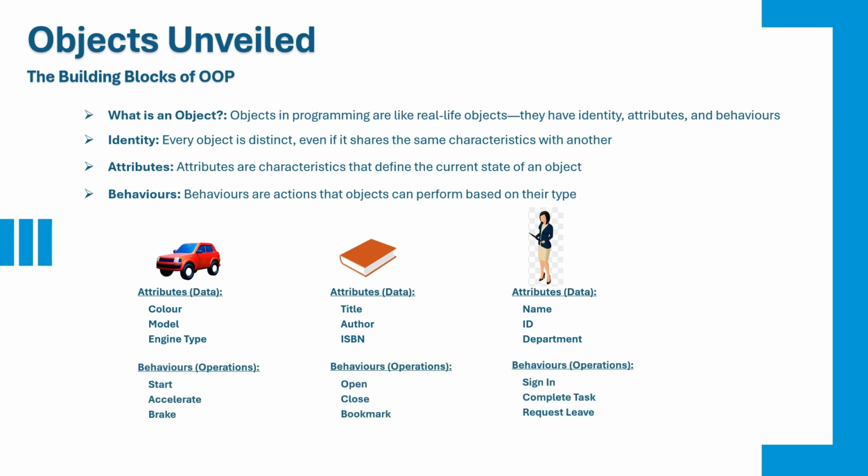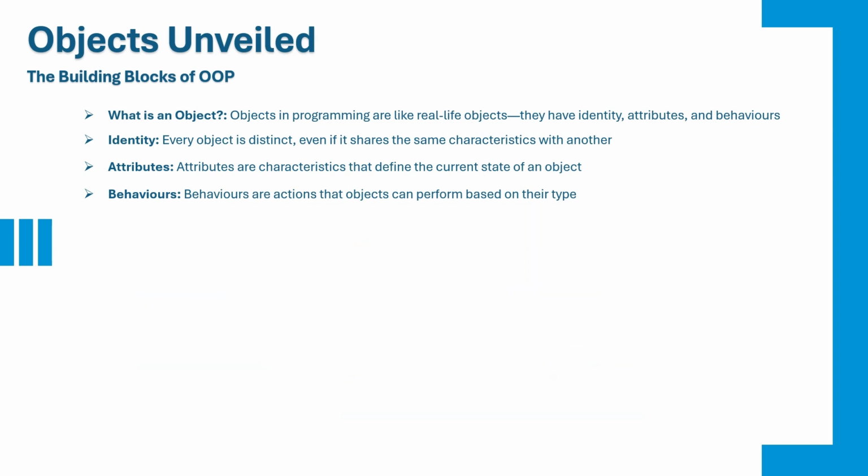These are the actions that an object can perform. Just like a car can accelerate or an employee can sign in, objects in programming can perform specific actions depending on their type. So, an object in object-oriented programming is defined by three things: its identity, attributes, and behaviors.